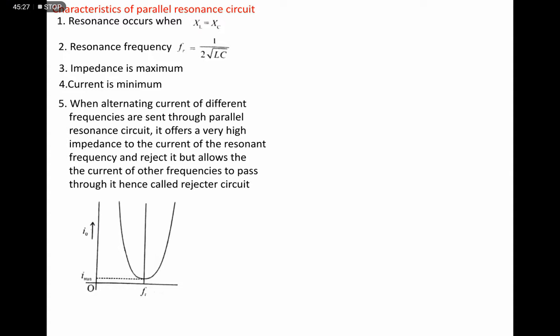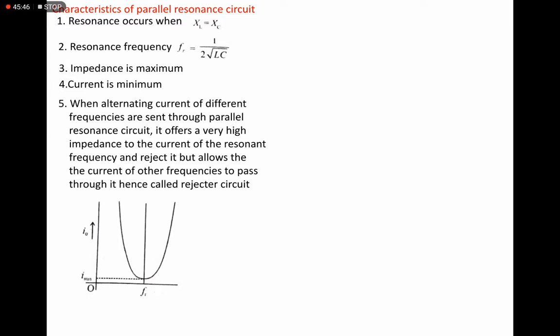We have to learn electromagnetic induction first, and then this AC circuit. Both chapters are a little bit complicated, but if you know the mechanism, then you can simplify these topics in a better way.